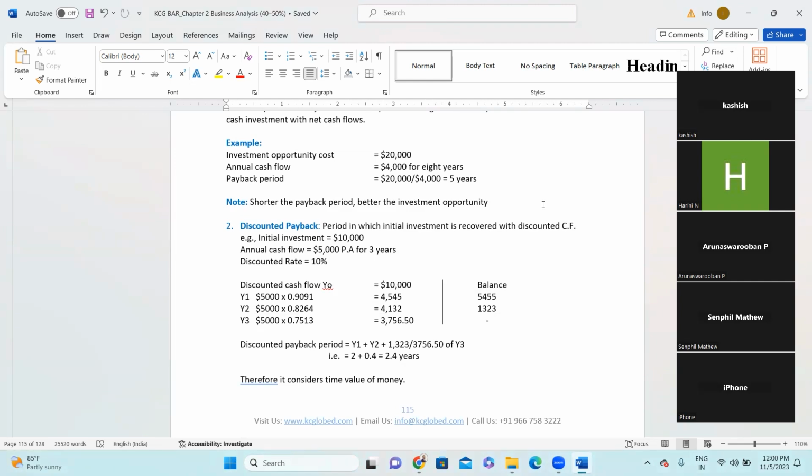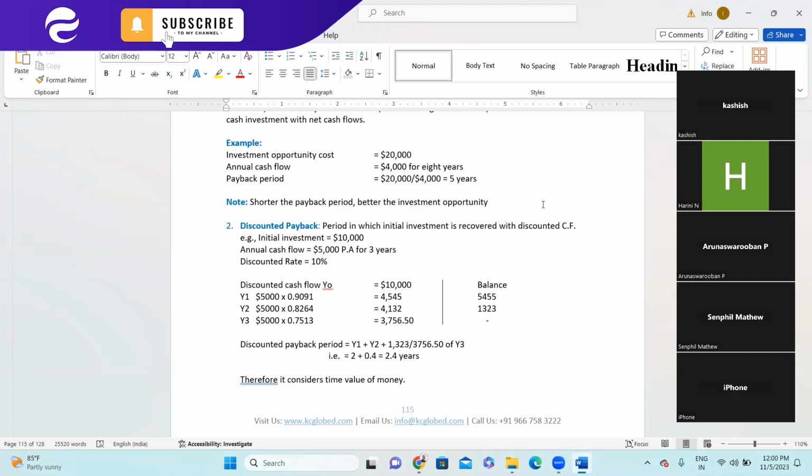The present value factors are 0.9091, 0.8264, 0.7513, for $5,000 in year 1, year 2 and year 3.